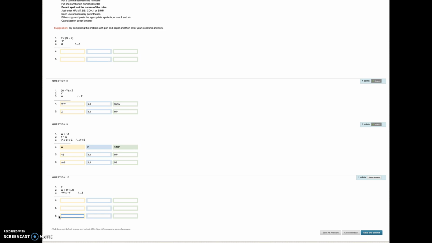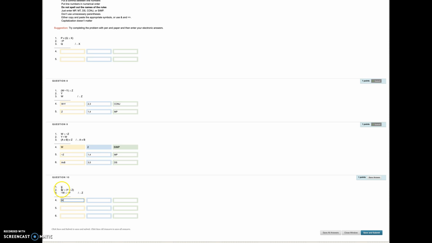Other than working backwards, we could just do anything we see. What do we even have to work with? Well, there's 2 conditional statements, so I'm thinking modus ponens and modus tollens, and then just start seeing what I have to work with. Well, this y on its own is likely something I'm going to use. It's the negation of a consequent. Remember that adding or removing a tilde is negating. So this is the negation of this. So I know I can get w right away.